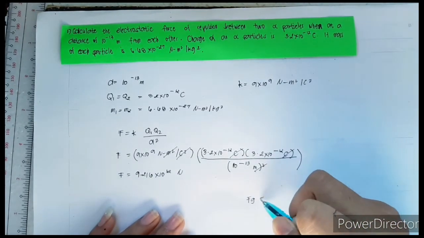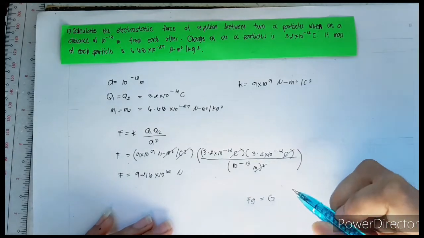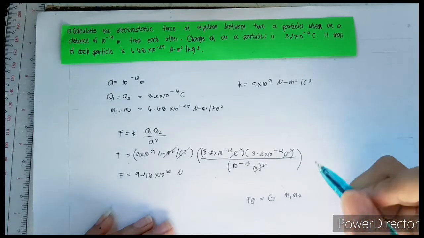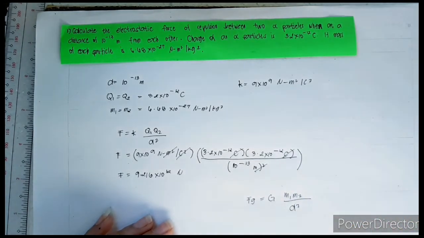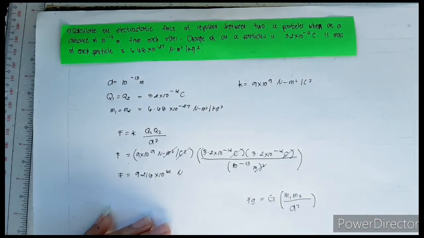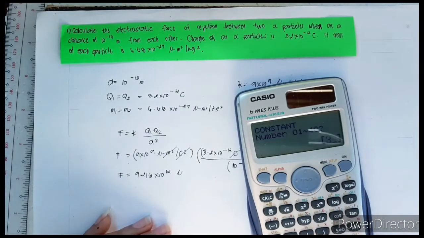The gravitational force is equal to G, and is directly proportional to the product of M1 and M2, and is inversely proportional to the square of the distance. So for the value of G, we have here in the calculator constant number 39.